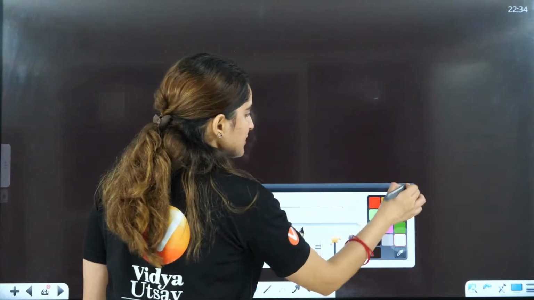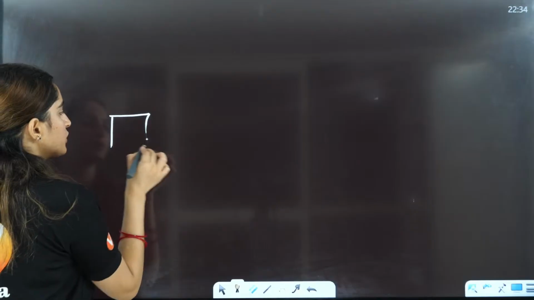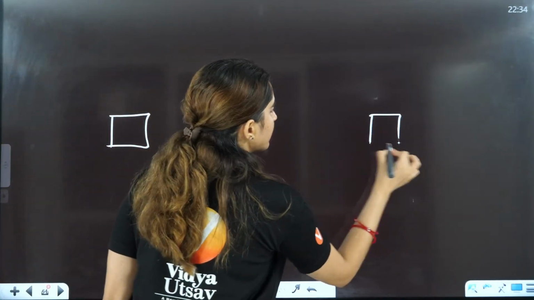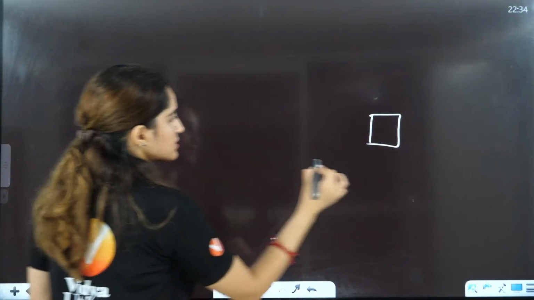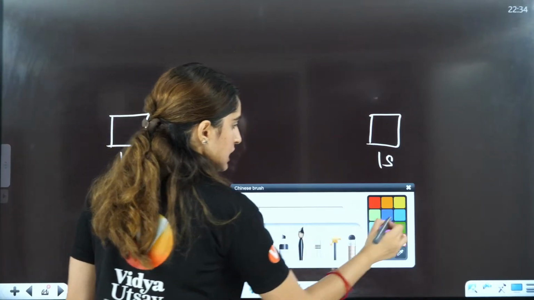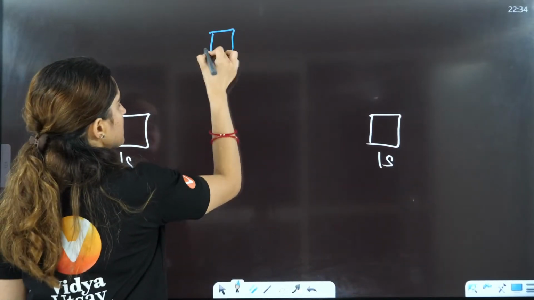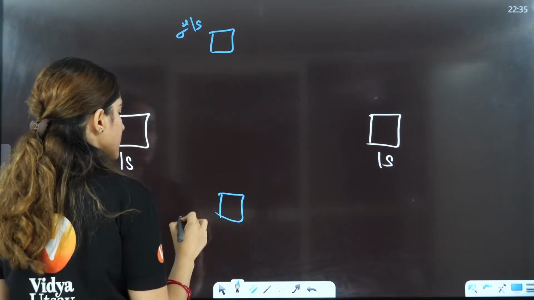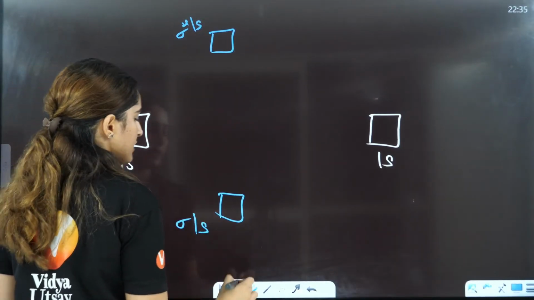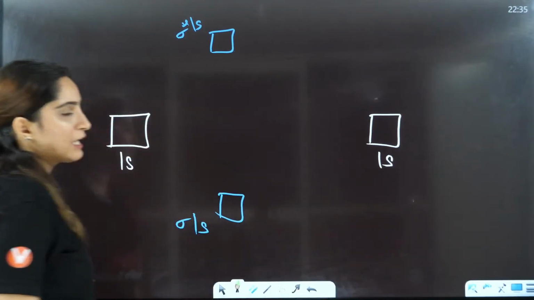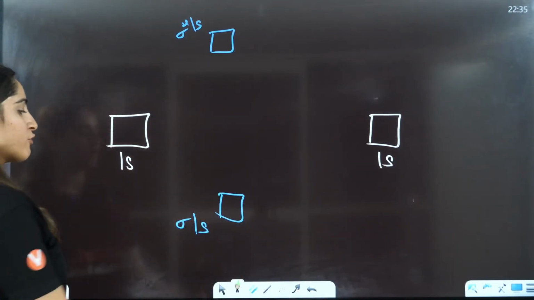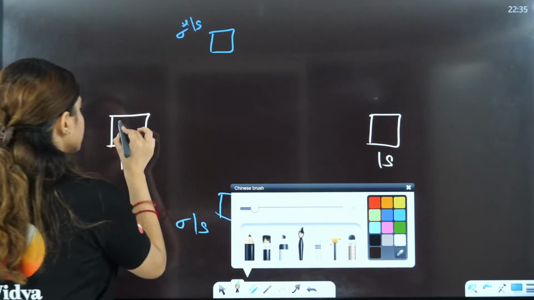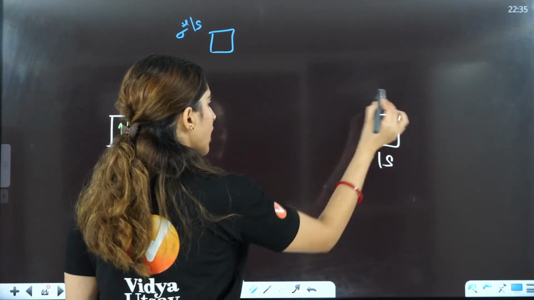I'll just tell you one simple example, right? We'll do the full-fledged diagram, don't worry. This is 1s, this is 1s, this is sigma 1s, this is sigma star 1s, okay? So let's say here also you have 2 electrons, here also you had 2 electrons.